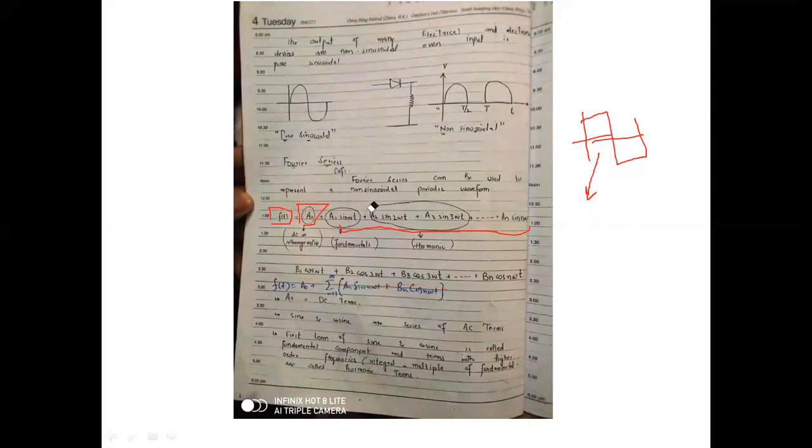So we can write this in the form of a naught plus summation n from 1 up to infinity of an sin n omega t plus bn cos n omega t. Here n represents an integer, and it varies from 1 up to infinity. So this is the compact form of the Fourier series.